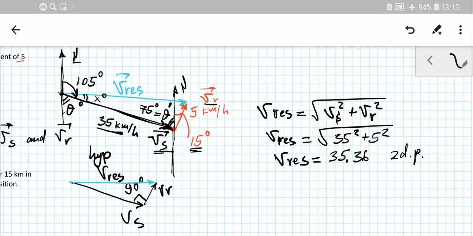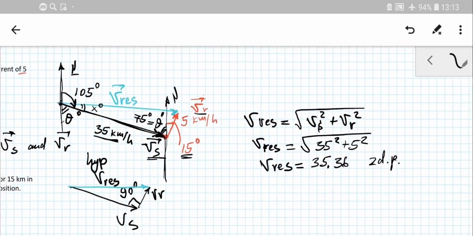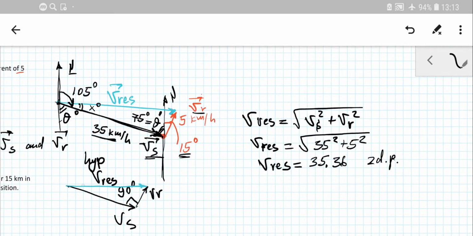So the problem is that if we know angle X, we can find out the angle for V resultant. For this case, I will use the triangle. My goal is to define angle X, and I know two sides, two legs of the right triangle, Vs and Vr.